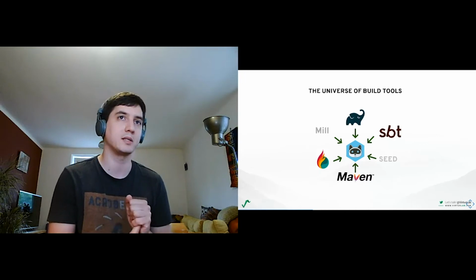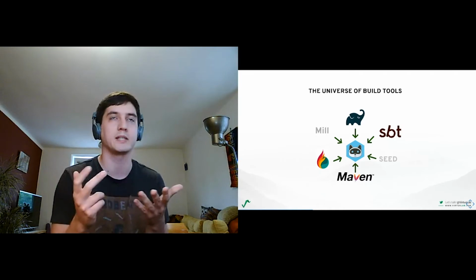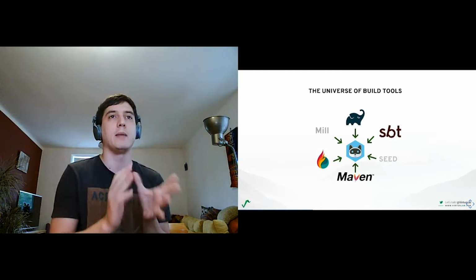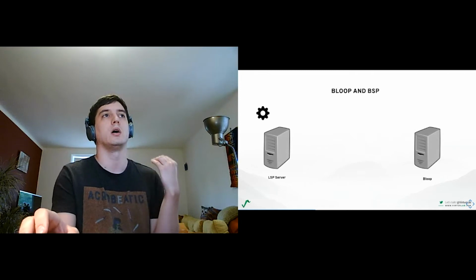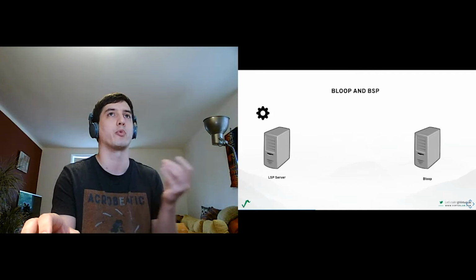So what the dependencies are, what the build targets, so in essence projects, are, what the source files are, everything like that. And Bloop can later start and then serve responses to the LSP server, which is Metals.